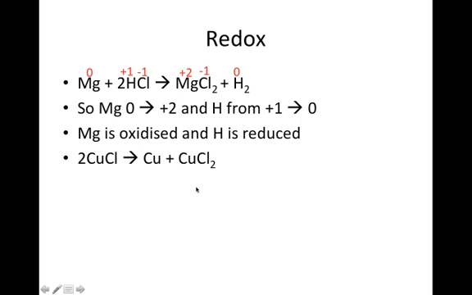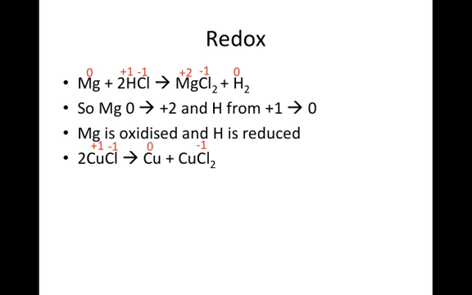Okay, so the chlorine here, the chloride, is -1 on both sides. This means that the copper starts as +1. In the products we have elemental copper on its own, which must be 0.